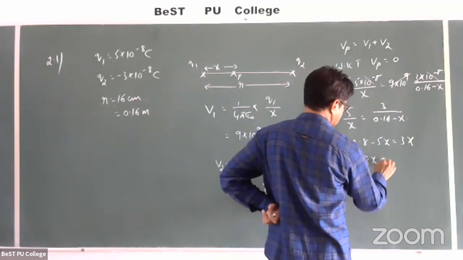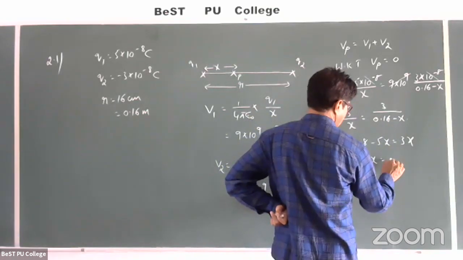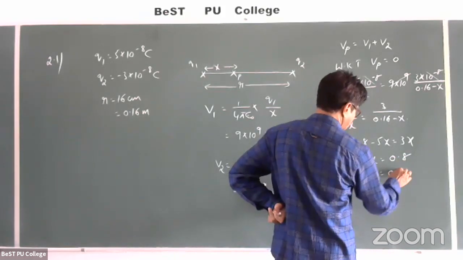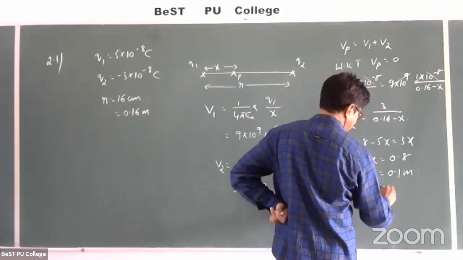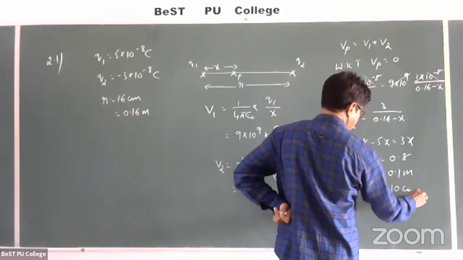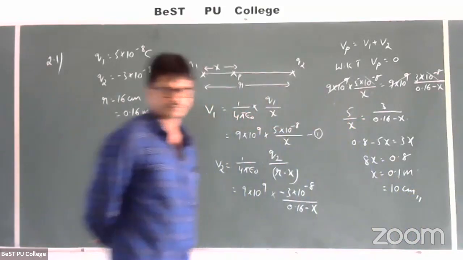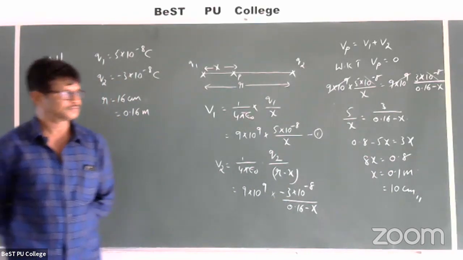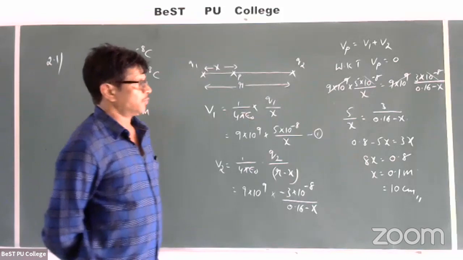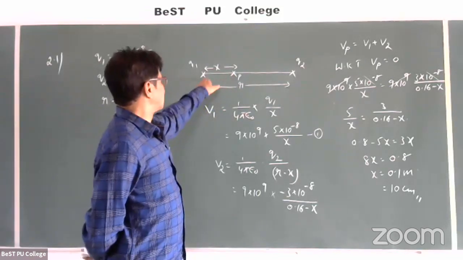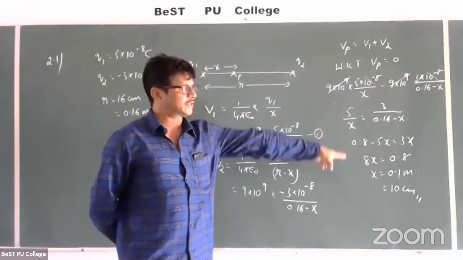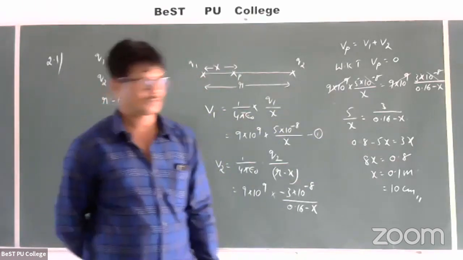So 8x is equal to 0.8, x is equal to 0.1 meter, which is equal to 10 centimeter. The first case is the point which is at a distance of 10 centimeter from Q1 towards Q2, where the electric potential will be 0.